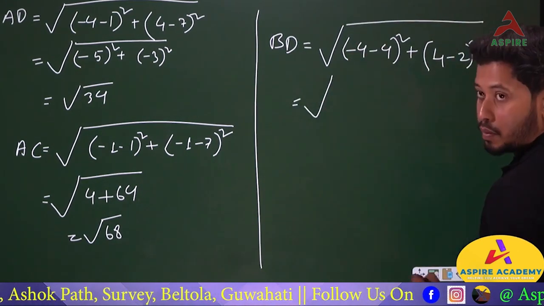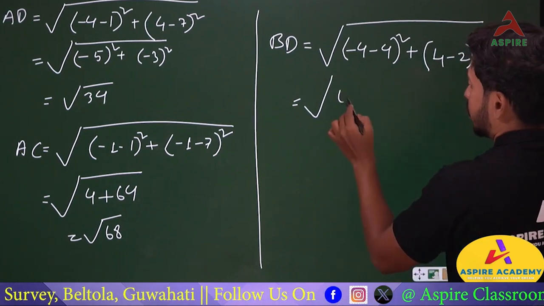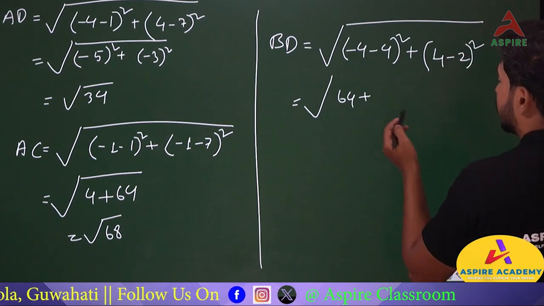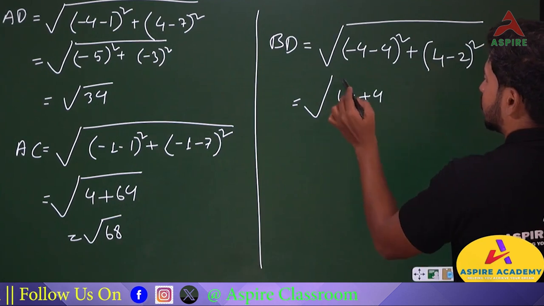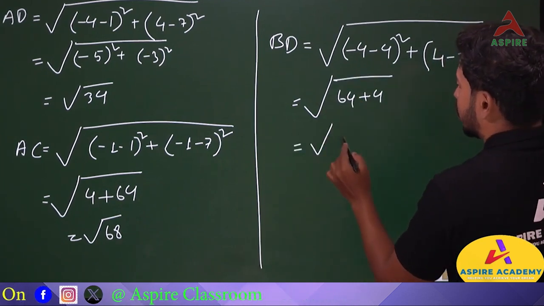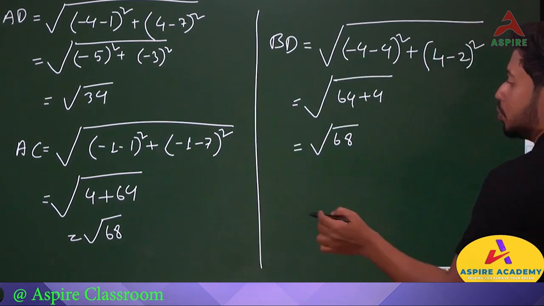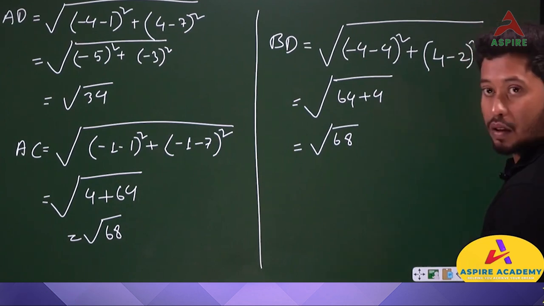So minus 4 minus 4 is minus 8 whole square, means 64. 4 minus 2 is 2 square, means 4. So 64 plus 4 will also be 68. So both the diagonals are equal, right?